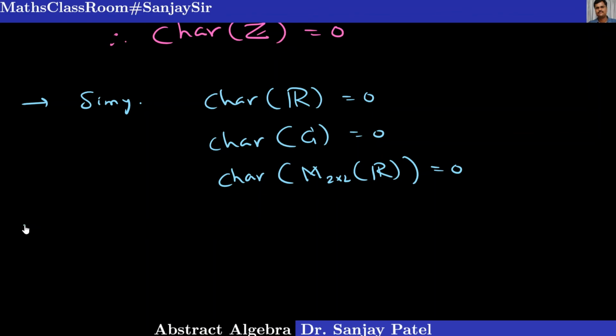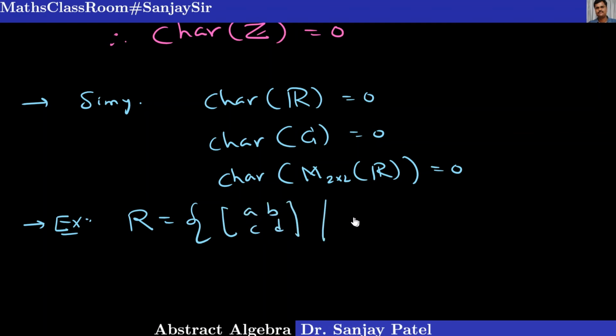But let me consider another interesting example. Say consider the ring R equal to the set of all matrices [A B; C D], where A, B, C, D belong to the ring Z2, which is equal to class 0 and class 1.